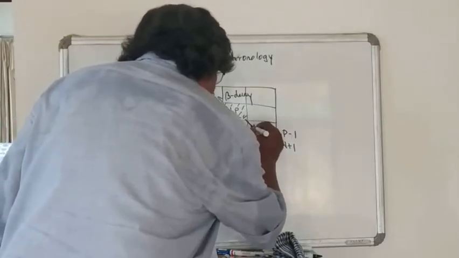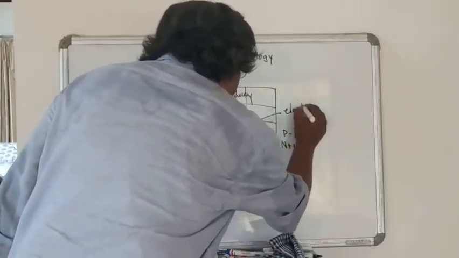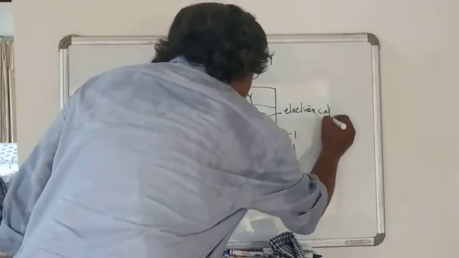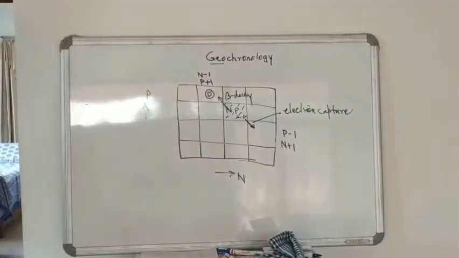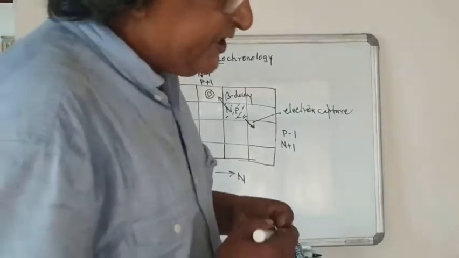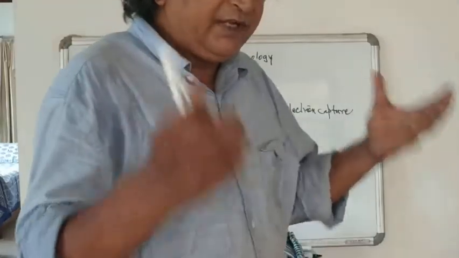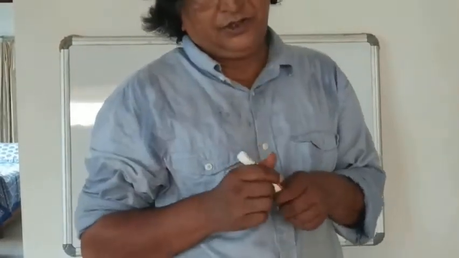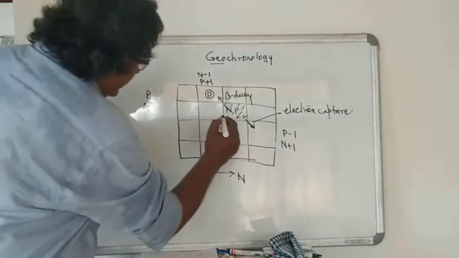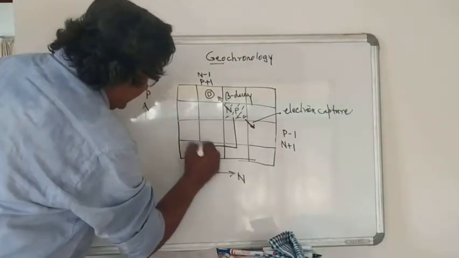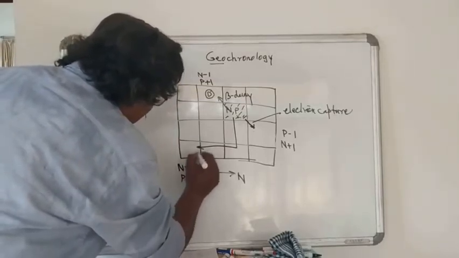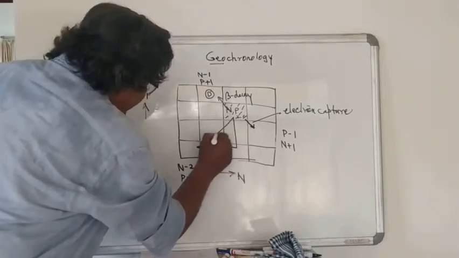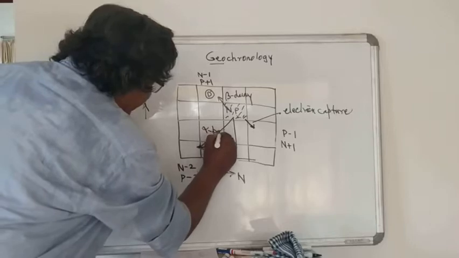And finally, what you have is an alpha particle decay, which is essentially a nucleus losing 2 protons and 2 neutrons. So here you have n minus 2, p minus 2, and this is essentially going in this direction. It's alpha particle decay.